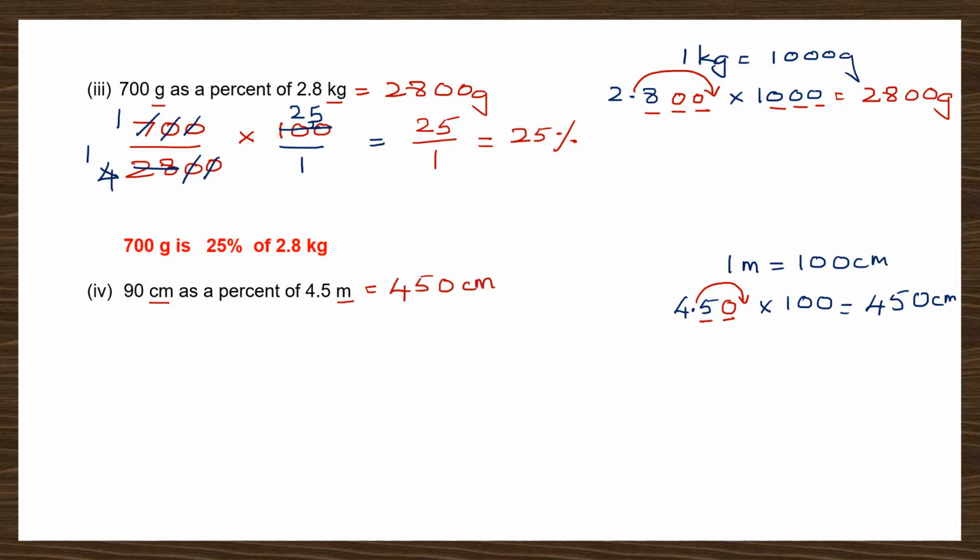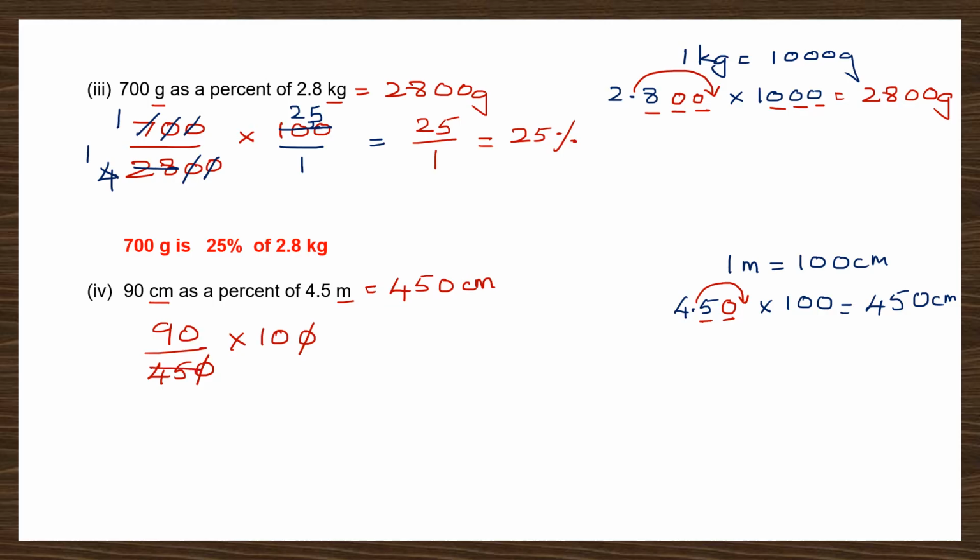Now we can express 90 centimeters as a percent of 450 centimeters. 90 by 450 into 100. Okay, so let's cancel. I can cancel 1 zero there and 1 zero here. Now I have 9 by 45 and I have 10 here. So let's cancel. I can cancel 45 and 10 both by 5.